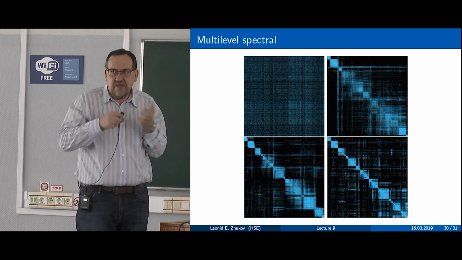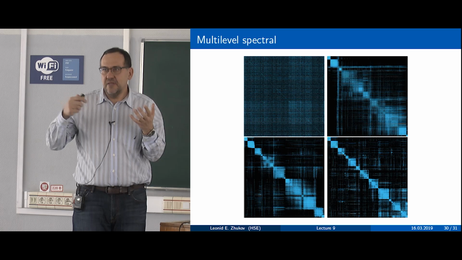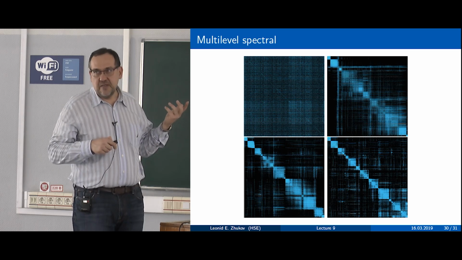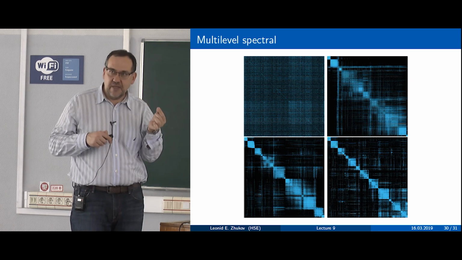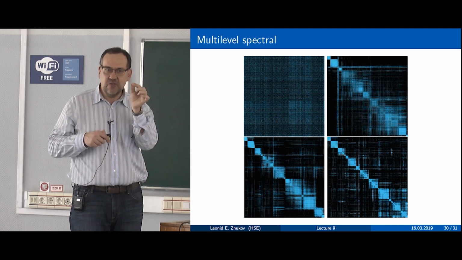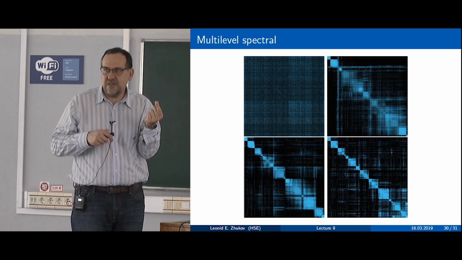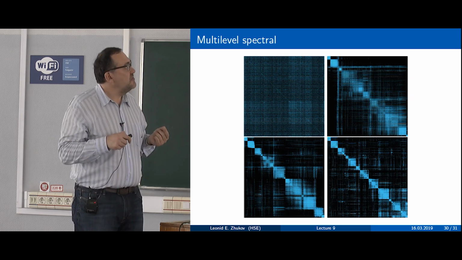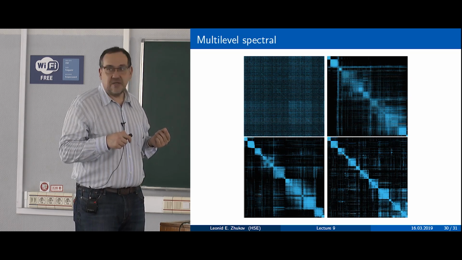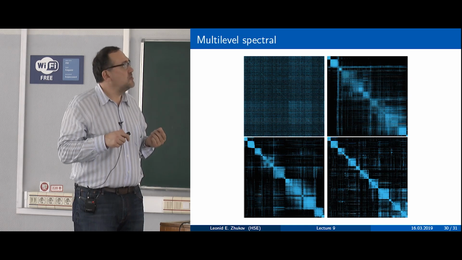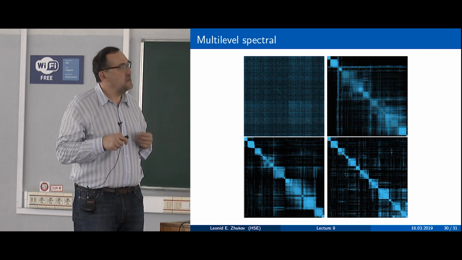And if they're sort of randomly numbered, you don't see any structure here. But if you make the numbering in such a way that consecutive nodes will most likely be connected to each other because they belong to the same cluster, you will have very, very dense groups here, because that's like nodes numbered 1, 2, 3, 4, 5, etc.